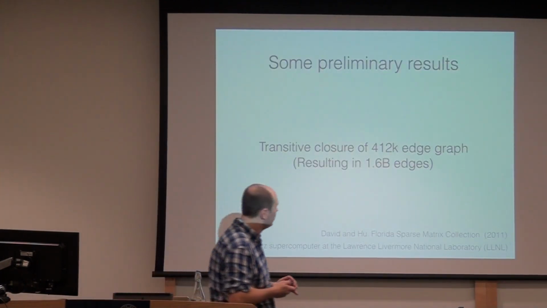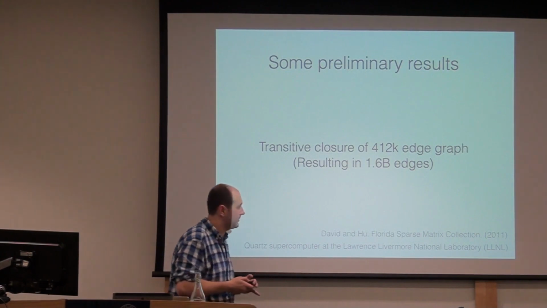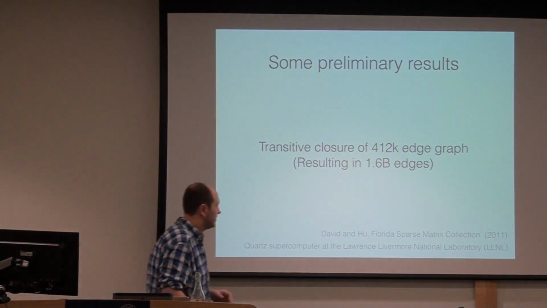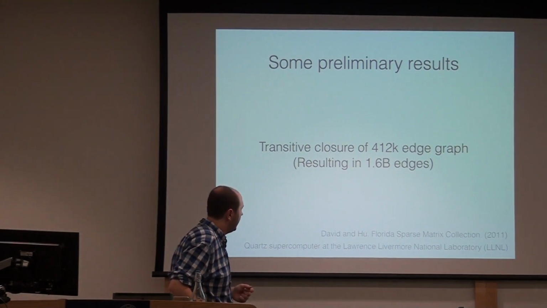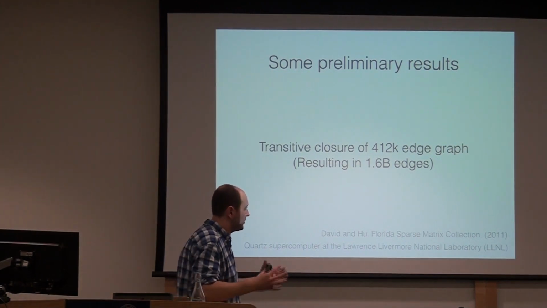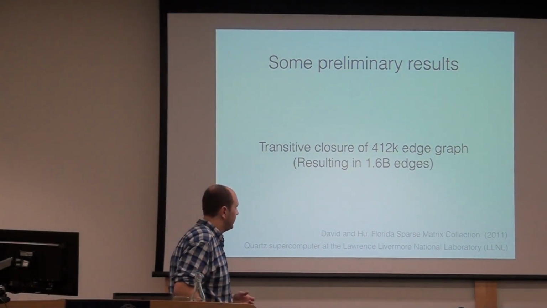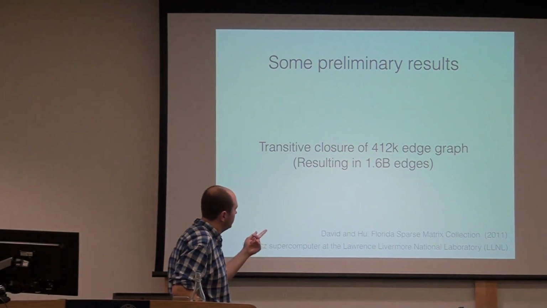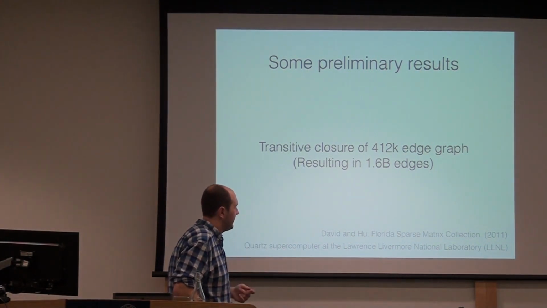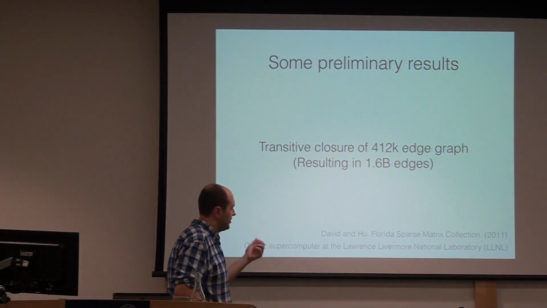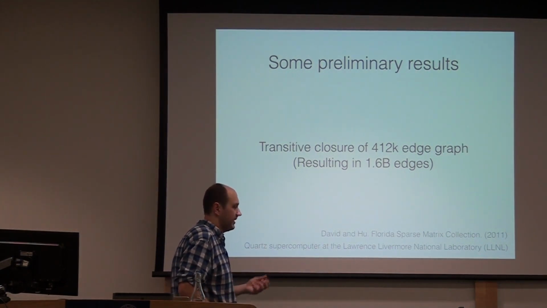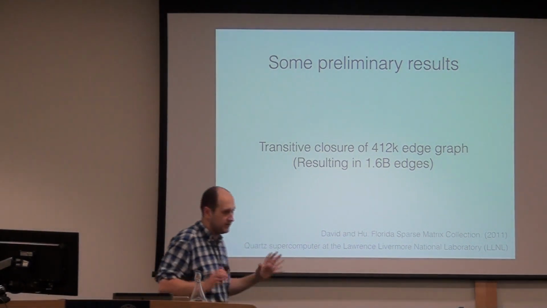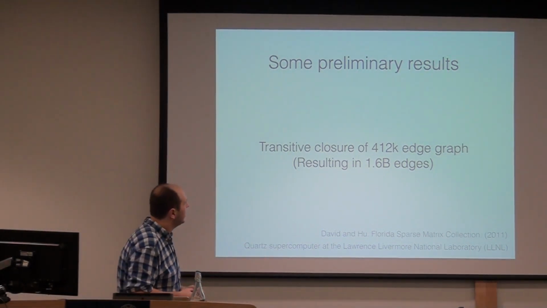Okay, so from this, I can talk about some preliminary results that we've gotten. We took a look at some graphs in the Florida sparse matrix collection. And this contains a number of graphs of different sizes, some quite large. And we took the largest of these, which is 412,000 edges. And it has a transitive closure of 1.6 billion edges, which if you compare against 400K squared is still pretty sparse.